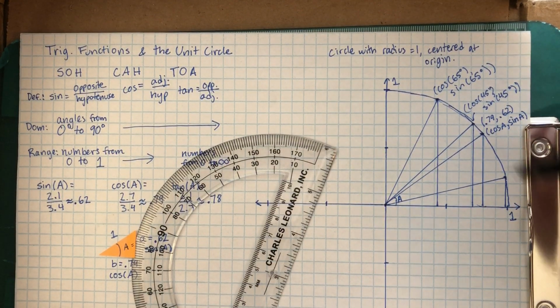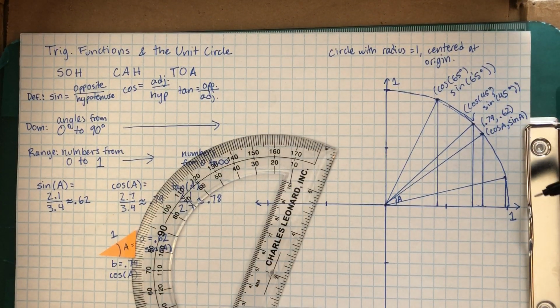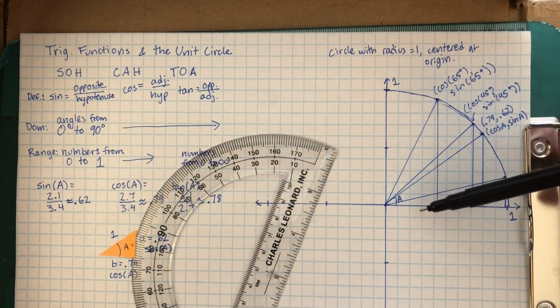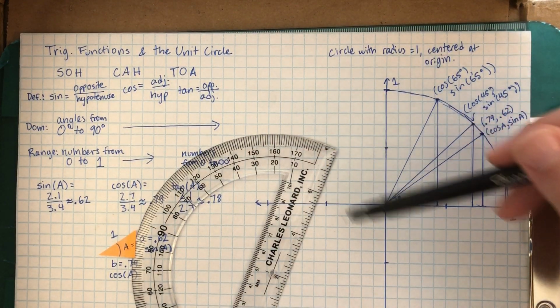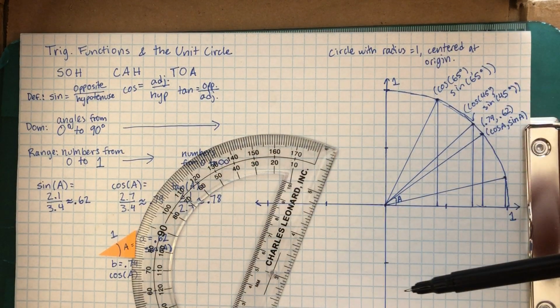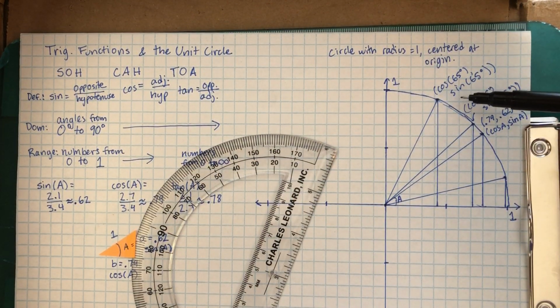And the coordinates of points on this circle, using the angle measured from the positive x-axis and going counterclockwise, are the sine and the cosine of that angle.